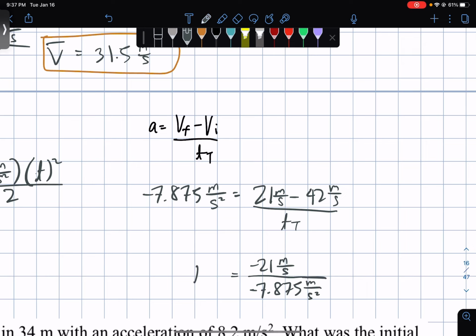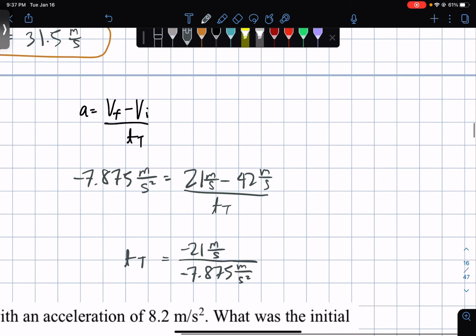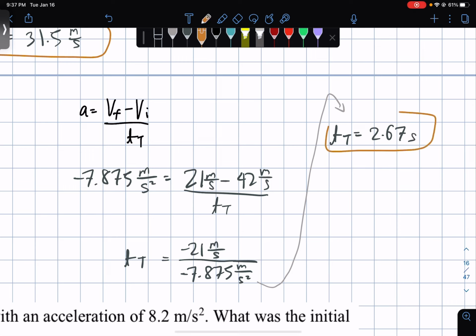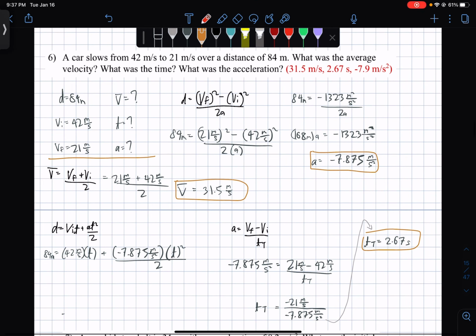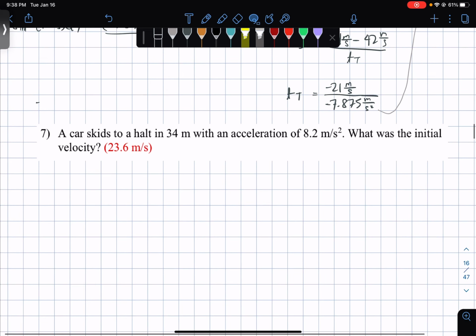In exchange, the time total is here. 21 over 7.875 is 2.67. And then it's time, so the unit is in seconds. Boom, we got it. Let's move on to number 7.